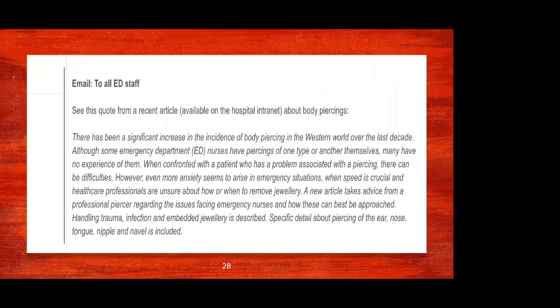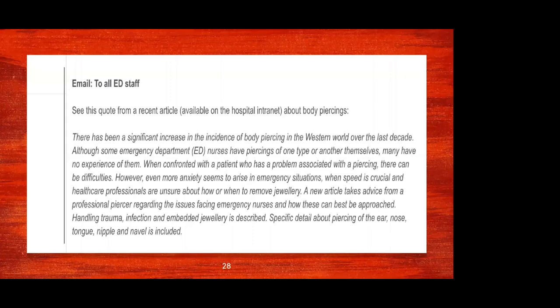See this quote from a recent article available on the hospital intranet about body piercings. There has been a significant increase in the incidence of body piercing in the Western world over the last decade. Although some emergency department nurses have piercings of one type or another themselves, many have no experience of them. When confronted with a patient who has a problem associated with a piercing, there can be difficulties.